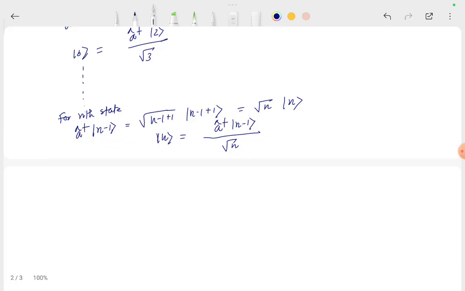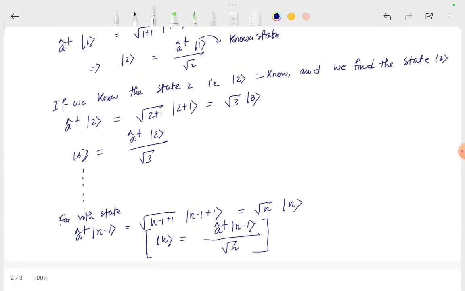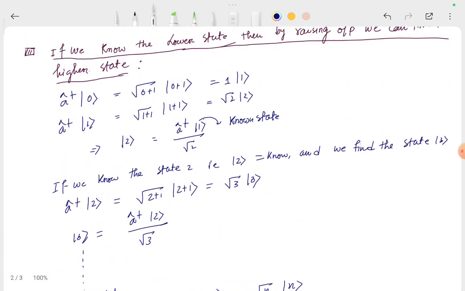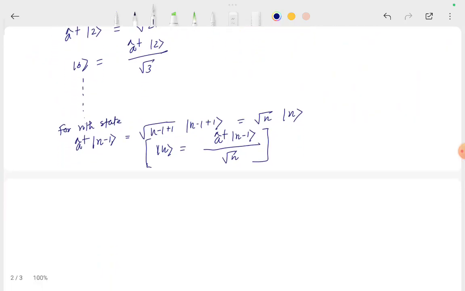This is a very important result. Please remember it. If we know the lower state and apply the raising operator on it, we find the state of higher order, right? This is the approach. Just keep this result in mind.